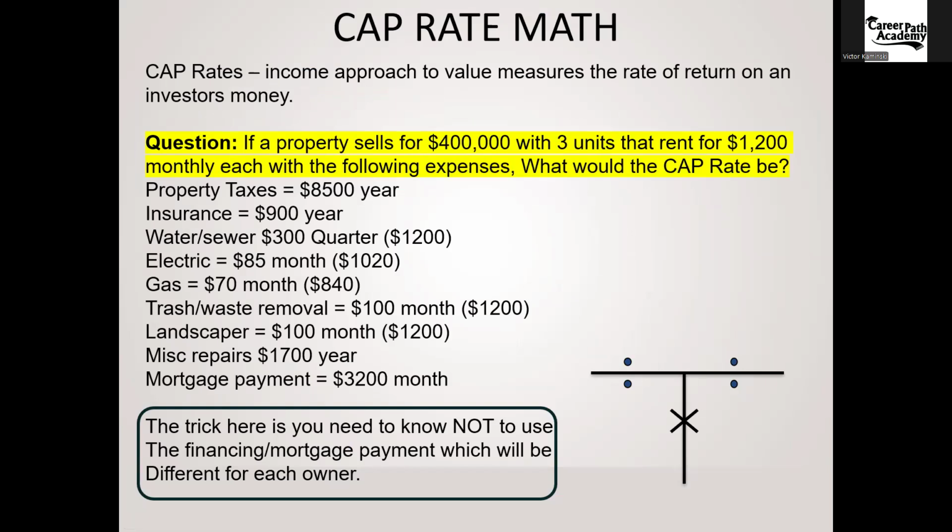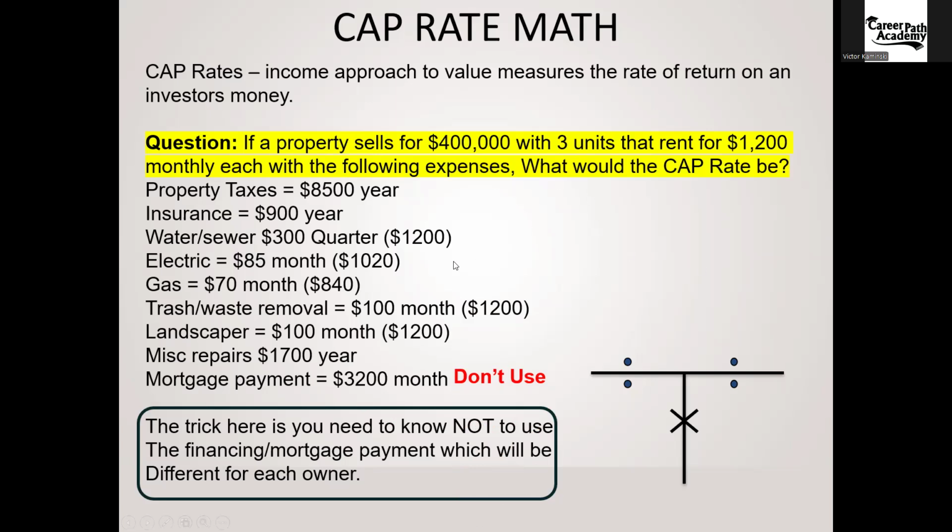It makes it a lot easier. Instead of having one that's an annual expense, one that's quarterly, one that's monthly, just convert them all to annual and then add them up. And remember that you don't use the mortgage payment when calculating cap rates, because that would be different for everybody. So add up all the expenses except for the mortgage loan financing amount.